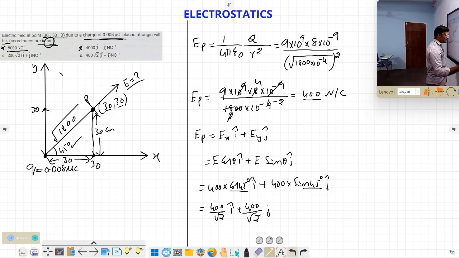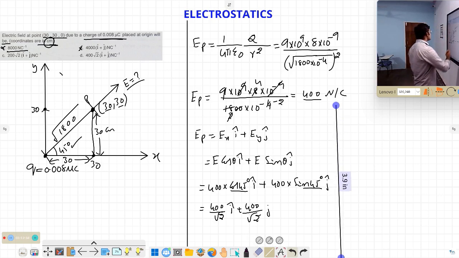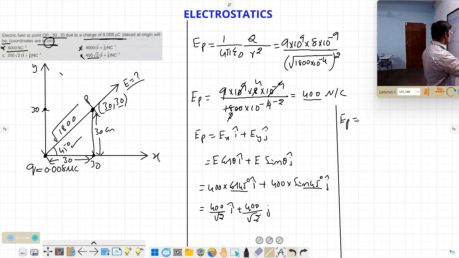So if you solve this, what do you get? The third and fourth options are also not correct, because they are given as multiplied, but we got divided. So to get the form of the third option, EP is equal to 400, can I take it as 200 into 2 by root 2 i cap plus 200 into 2 by root 2 j cap.